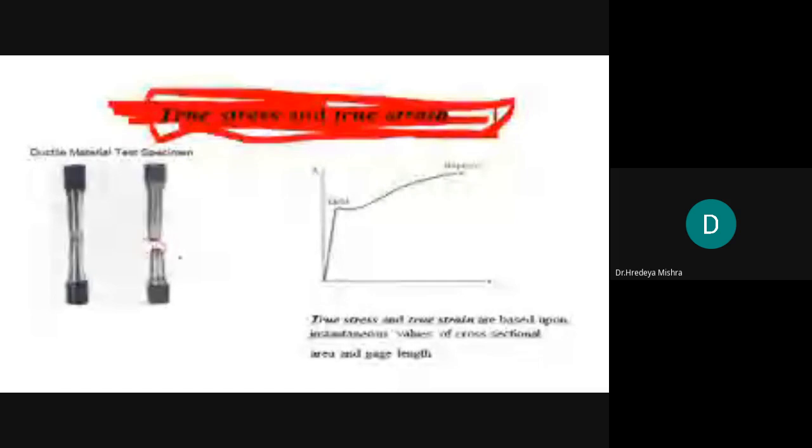So, what is the true stress and true strain? True stress and true strain are based upon the instantaneous cross-section area and gauge length. Gauge length is that length where the test is performed. Which length the test is performed on, that is called the gauge length.